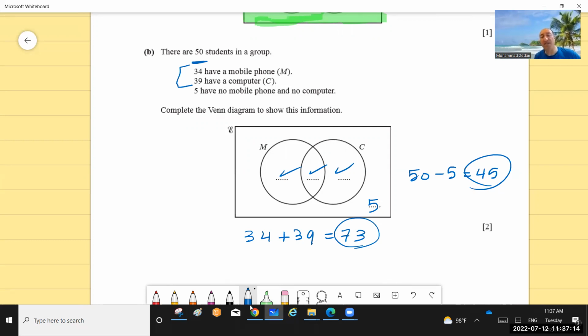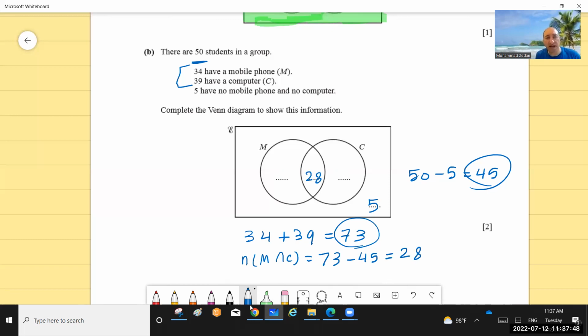This difference represents the intersection part between M and C. So the number of elements in M intersection C is the difference between 73 and 45, which is 28. So consider this number now is 28.